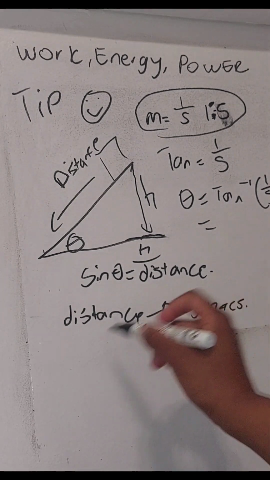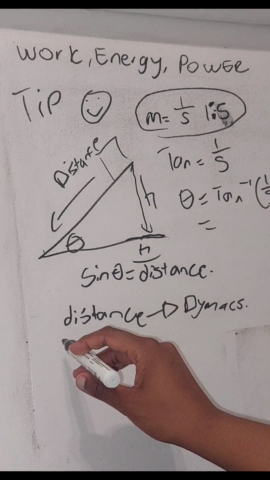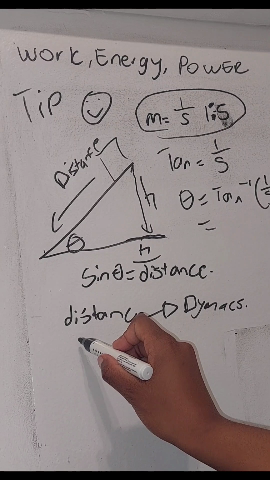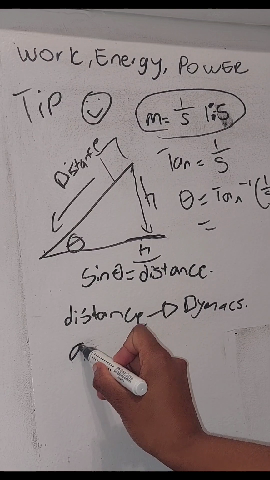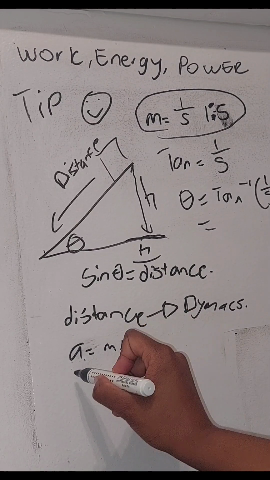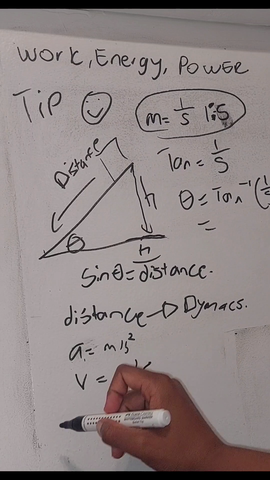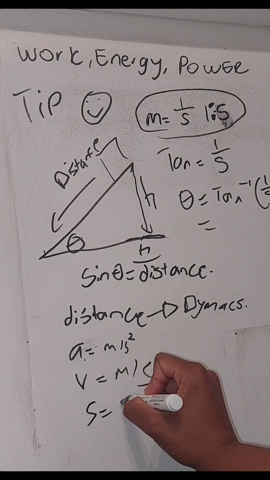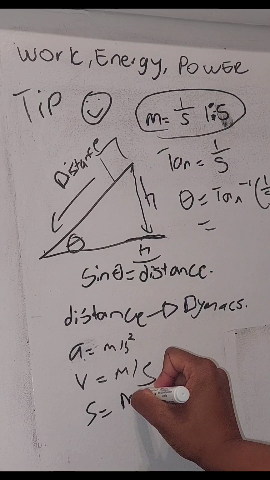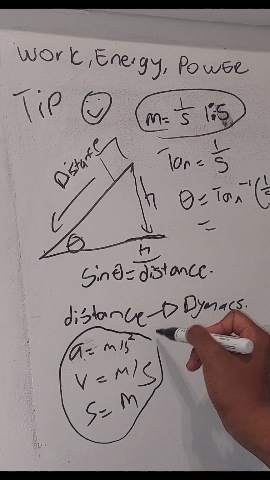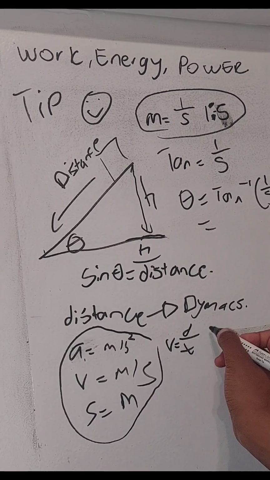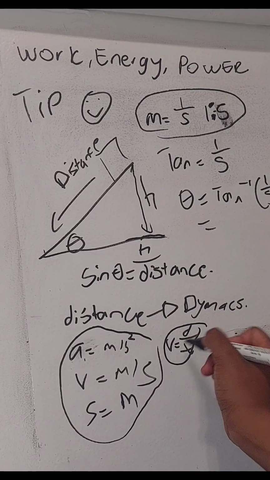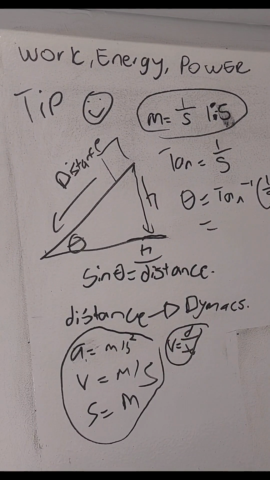So you know that we're talking about movement, whereby we are talking about acceleration, a in meters per second squared, velocity in meters per second, and distance, which is s, measured in meters. Know that it's going to come from your dynamics. So you must know velocity is distance over time. It will all depend on the variables that you are given.